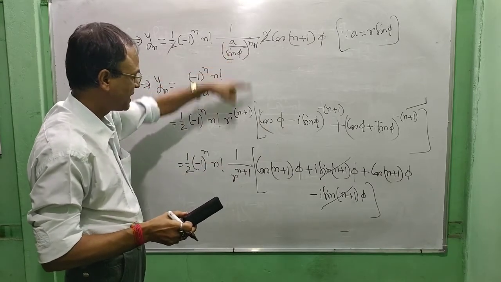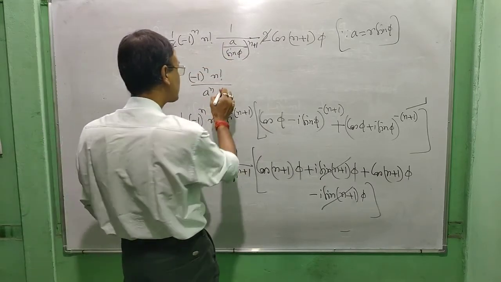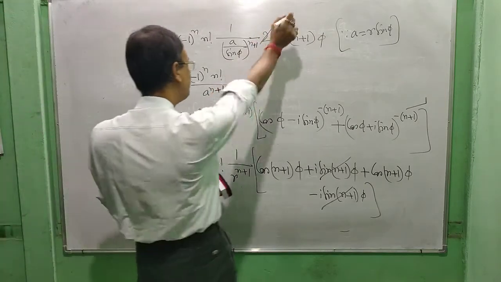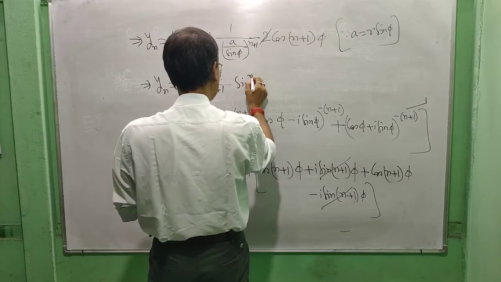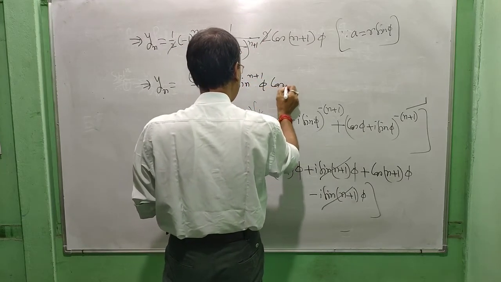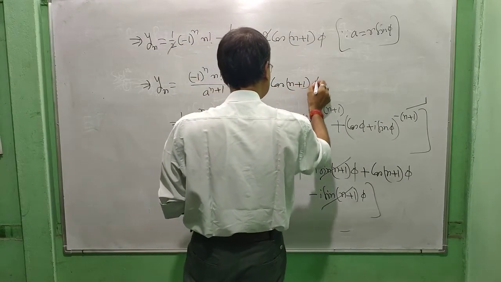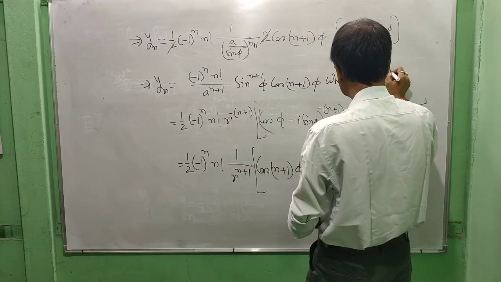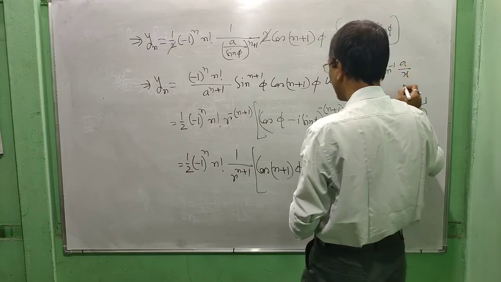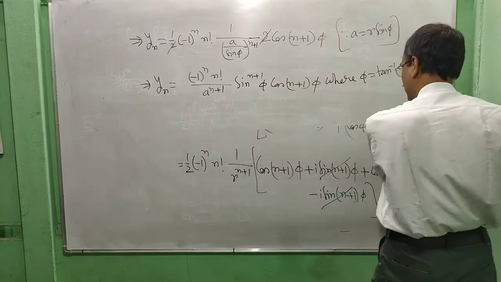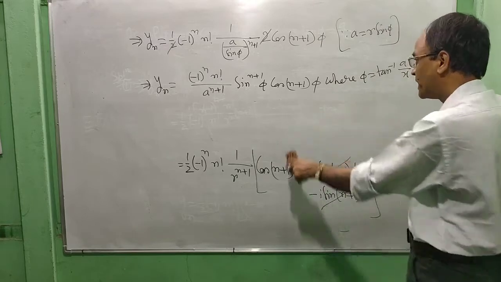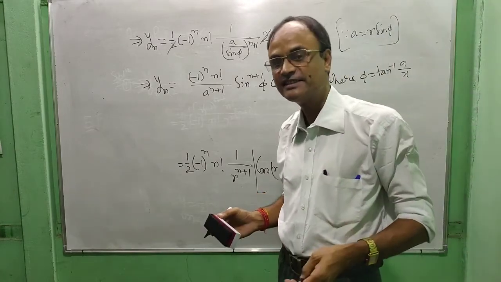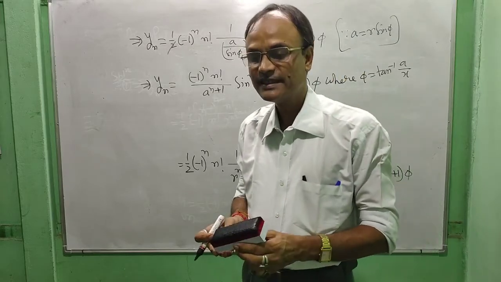A divided by sin phi whole to the power n plus 1, sin^(n+1) phi cos (n+1) phi, where phi is equal to tan inverse a by h. This is the nth derivative of this.